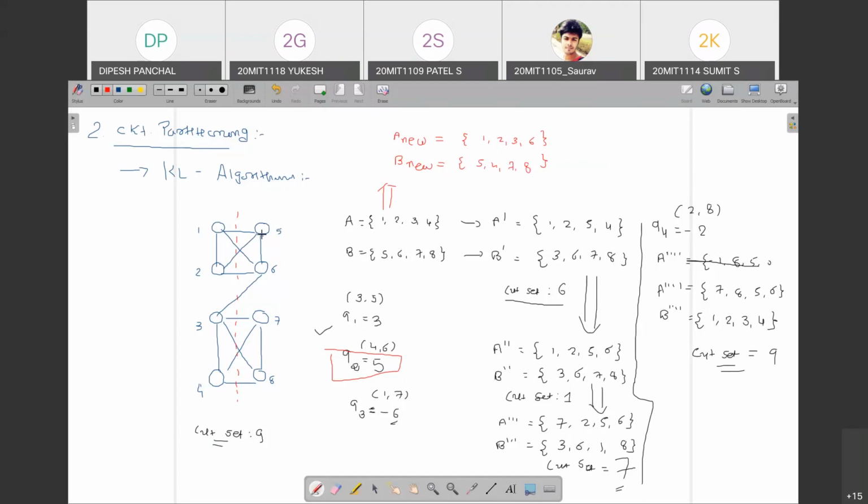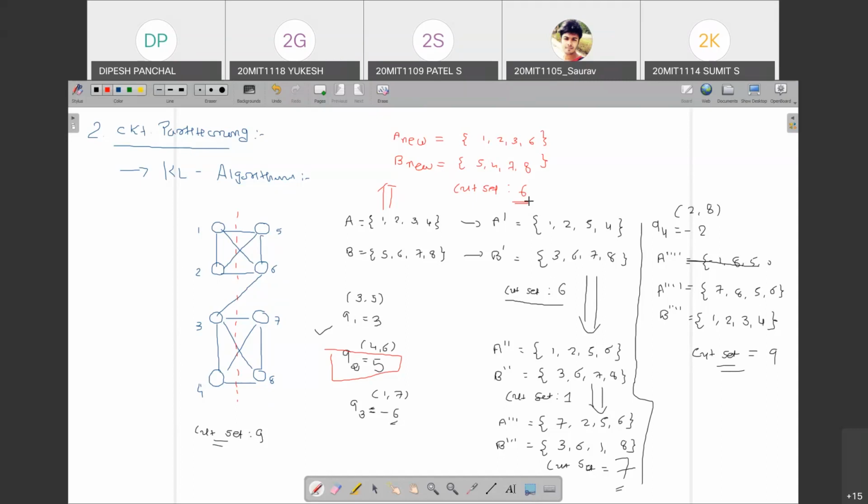Something like this. So the total cut set becomes 6. Any doubt up till now? This is the same as what we did in the first example also. Based on that, you find the cut set here, and the maximum gain of G2 is 5. So if you select 4 and 6 as an interchange, you will get this cut set as 6.